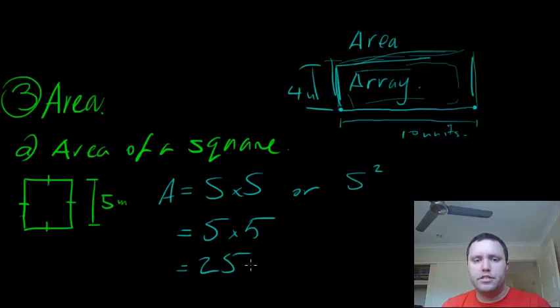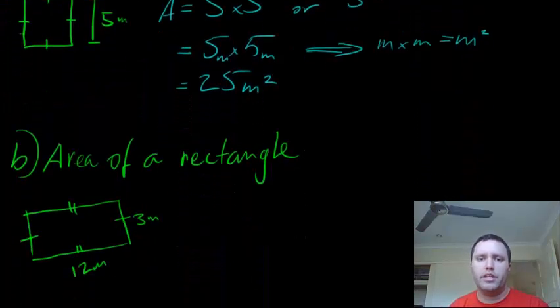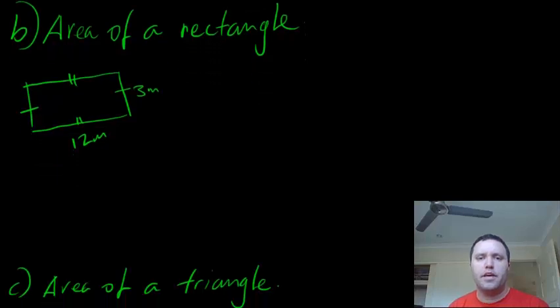Units: technically we have 5 meters times 5 meters, and meters times meters is meters squared. That's why we get 25 meters squared as the units for area. So there are squared units.